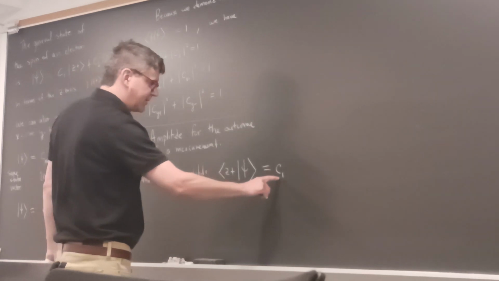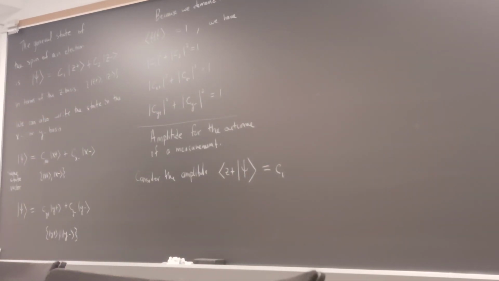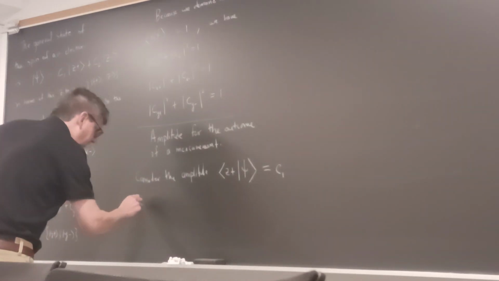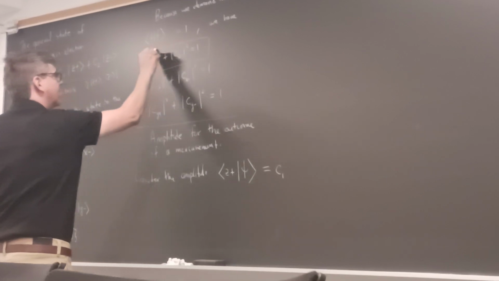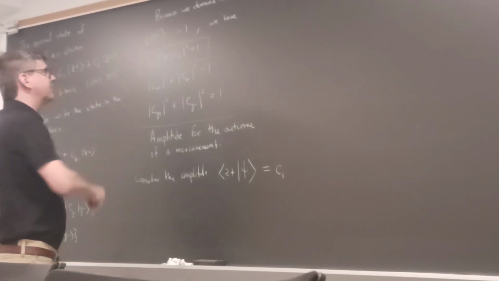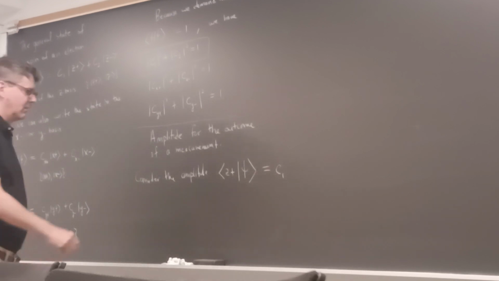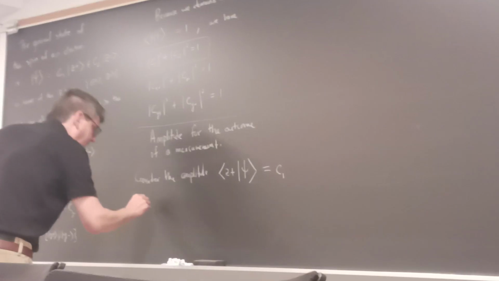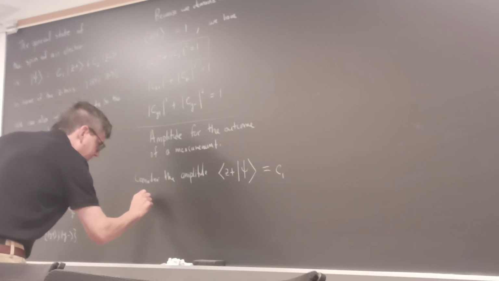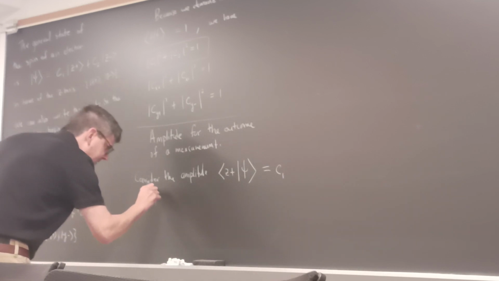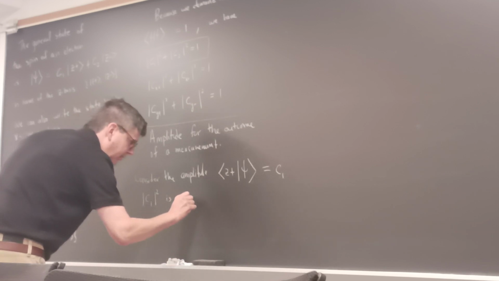Okay, so this is a complex number, a complex amplitude. And we demand this is the case, that the inner product of psi with itself is 1. We said before that magnitude C1 squared is a probability.